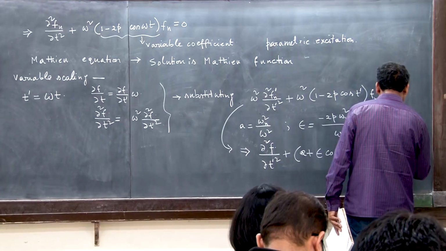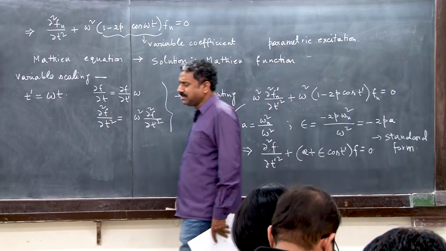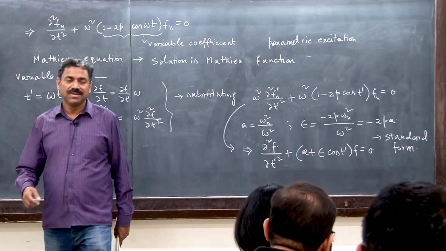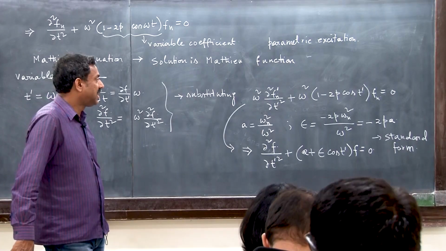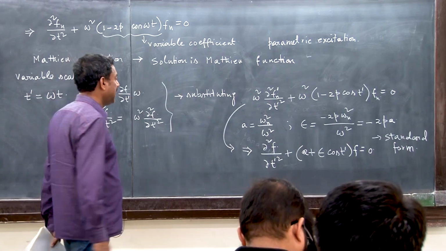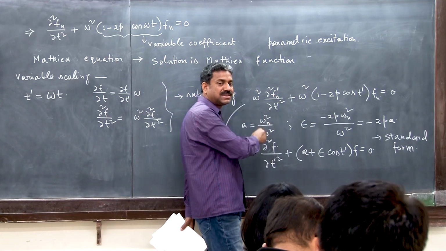Now this equation can also be solved using a perturbation technique. We can use Poincare-Lindstedt perturbation. Here, as you see, since we have introduced it, we can assume an asymptotic expansion for Fn.